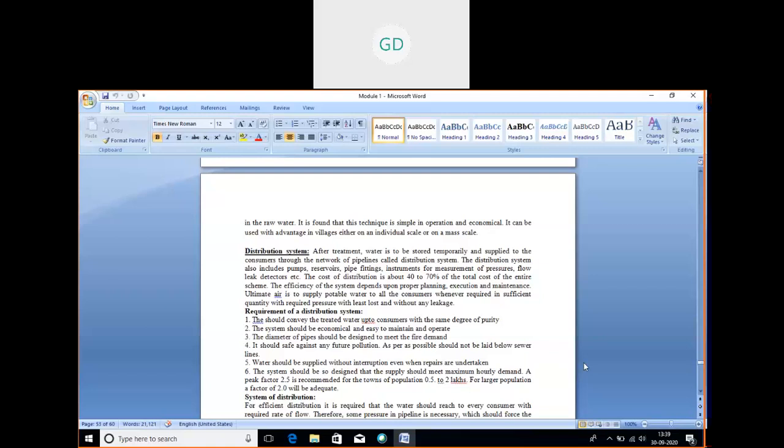Clear? So a distribution system consists of pipelines of different sizes for carrying the water to the streets. Then it contains valves for controlling the flow in the pipes. Then there are hydrants for providing connections with the water mains, for releasing water during fires.